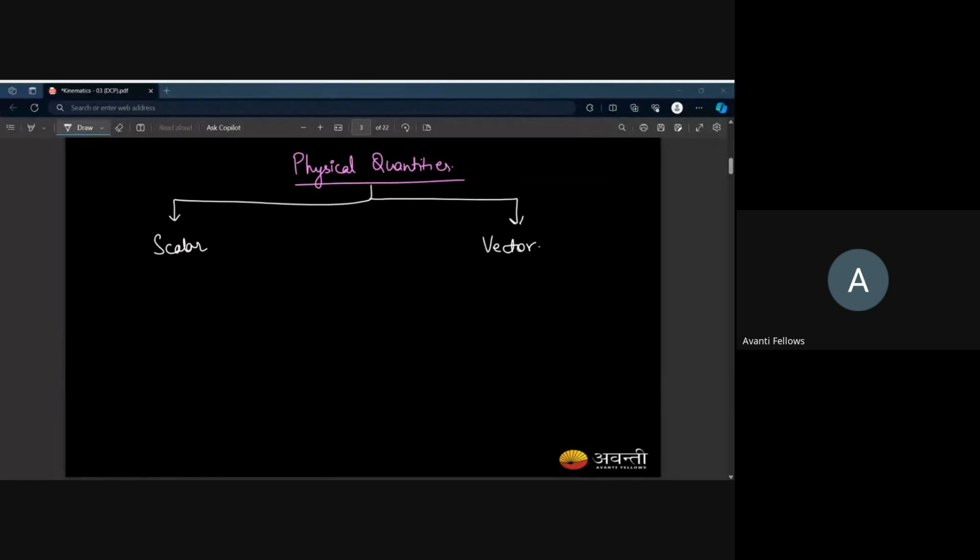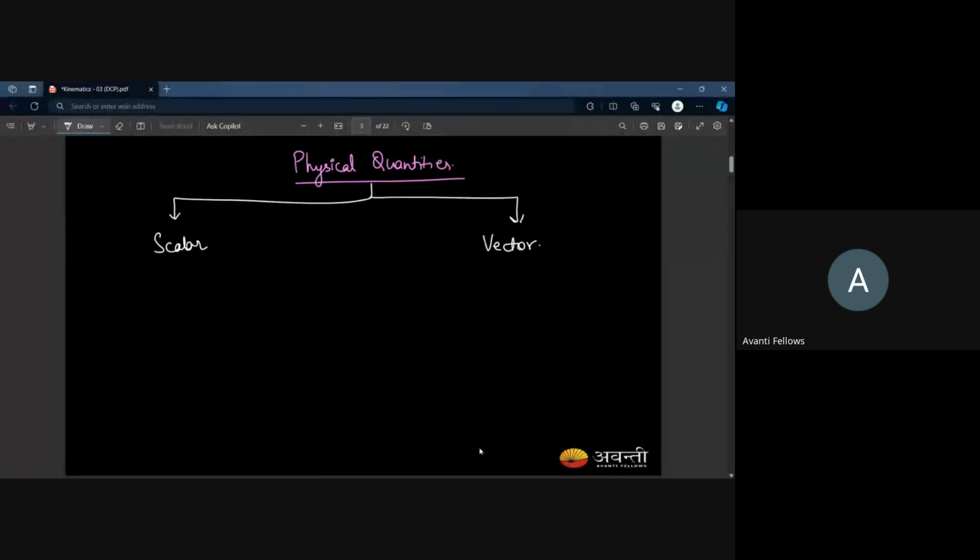What is a scalar quantity and what is a vector quantity? Yes, Misbah. Ma'am, a scalar quantity does not follow the vector rule. Very nice. That is something I really want you to say.